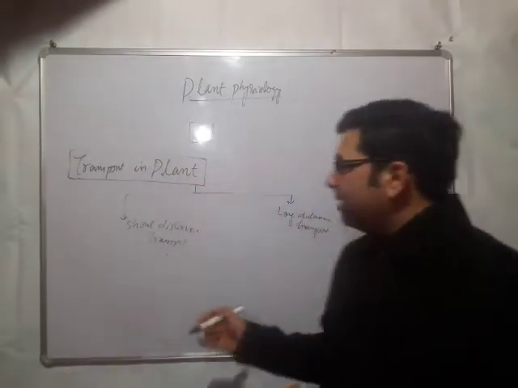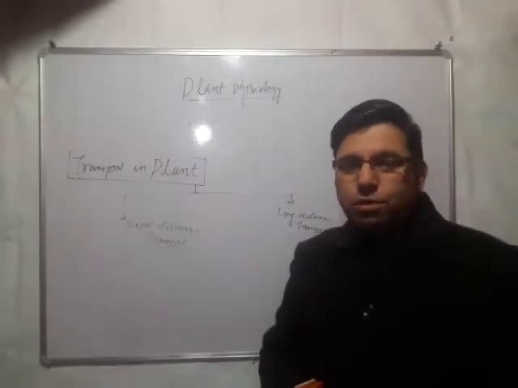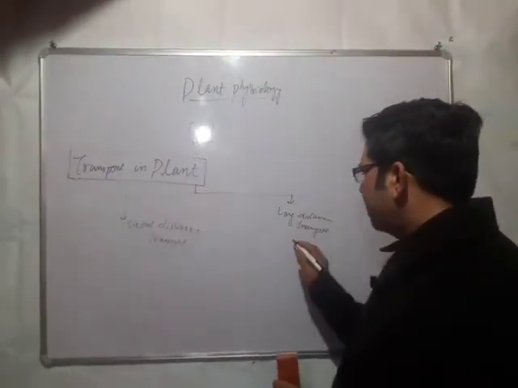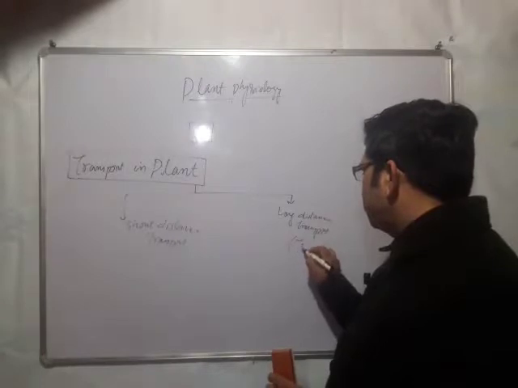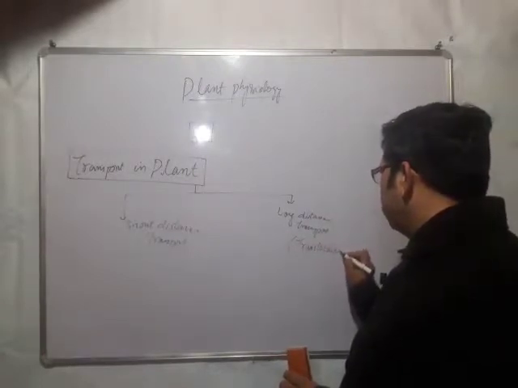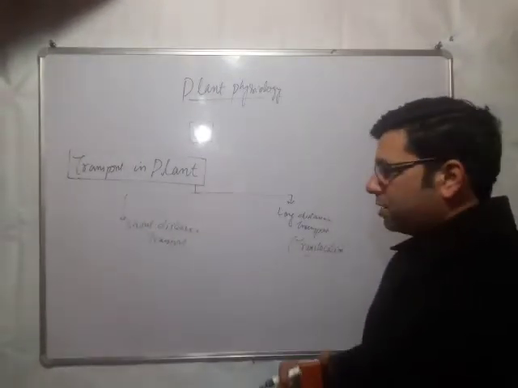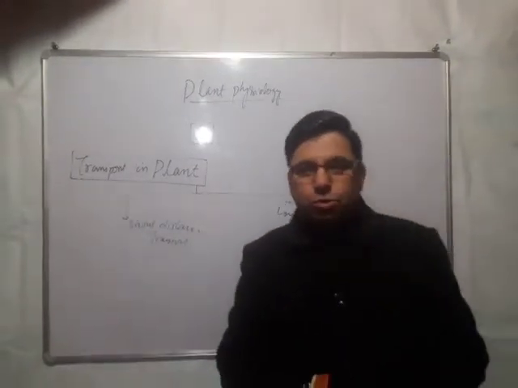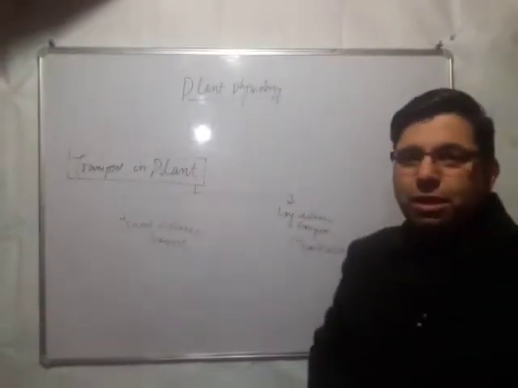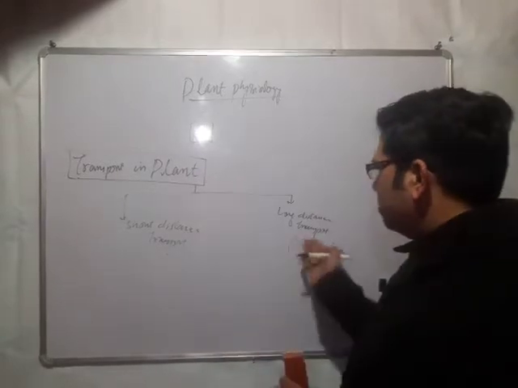The first is short distance transport. The second, the long distance transport, is what I said is called translocation. So this is what we are dealing with: translocation of solute through phloem. That's the next topic coming in the series. Now this is short distance transport, this is long distance transport.